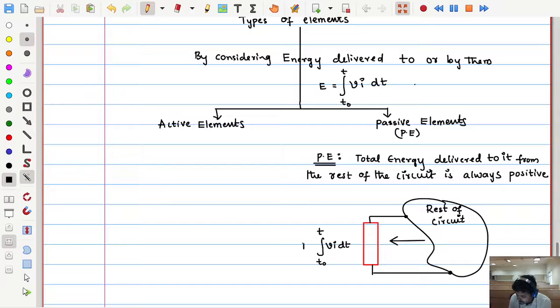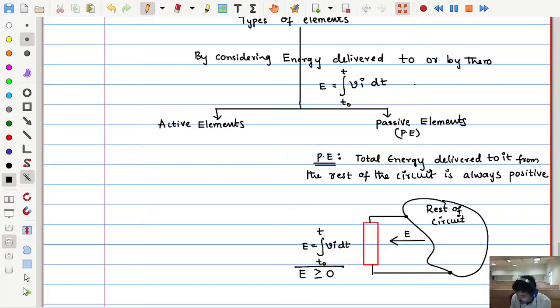This is the energy E. Who is getting this energy? This element. If the energy received by this element is positive, then we can call that a passive element. That means E is greater than or equal to 0.